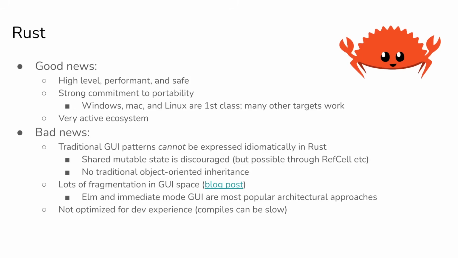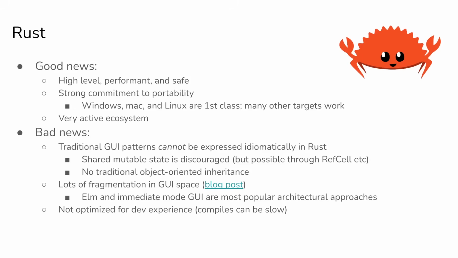And there's a very active ecosystem. People are constantly building interesting things in Rust. There's tons of crates being developed, being released all the time, if you have special things that you want to do. It is also challenging. I mean, it is not easy to build a GUI in Rust, and I think there's a sense that the space is kind of fragmented, that there isn't a really good solution out there, and part of that is the challenges of the Rust language.